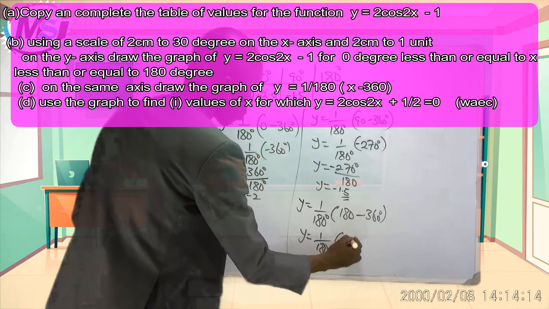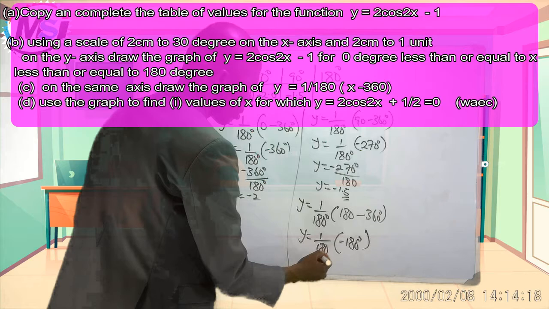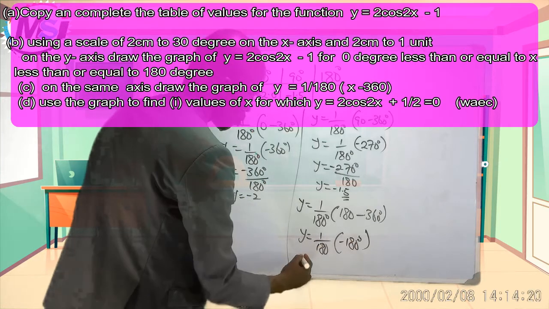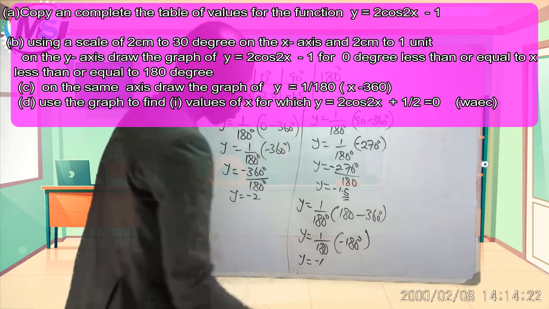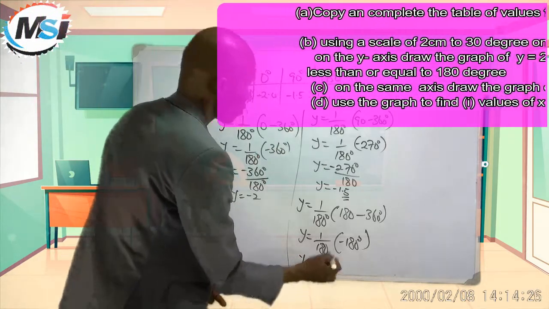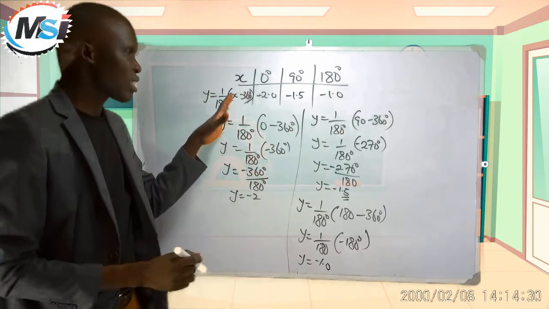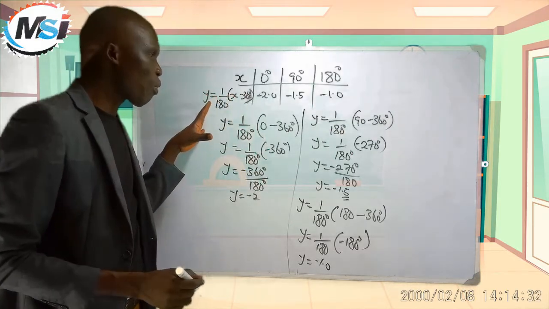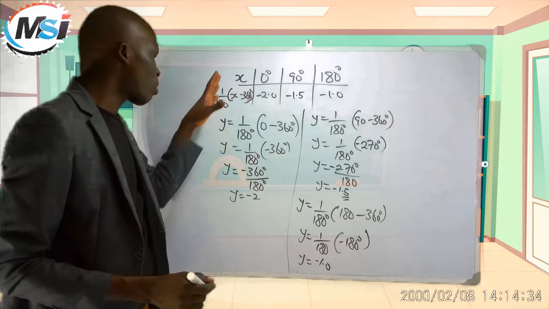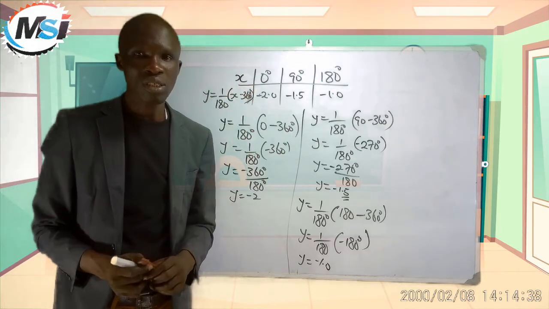So this will give us minus 1. You are going to have minus 1.0. So this is how to get the table for y equals 1 over 180 bracket x minus 360 degree.